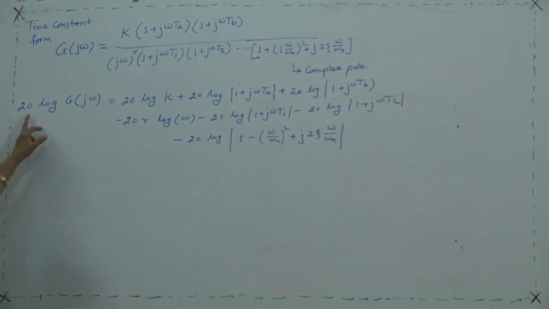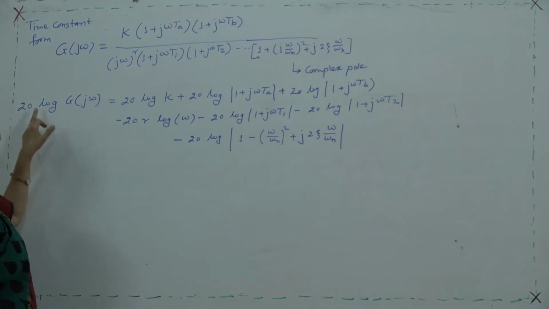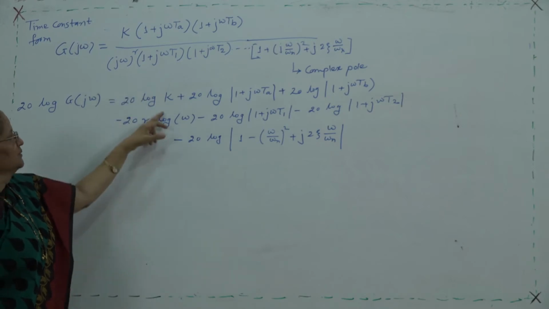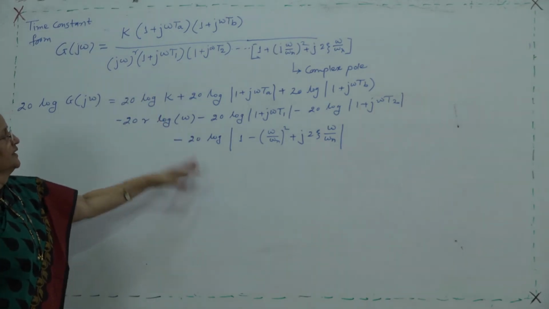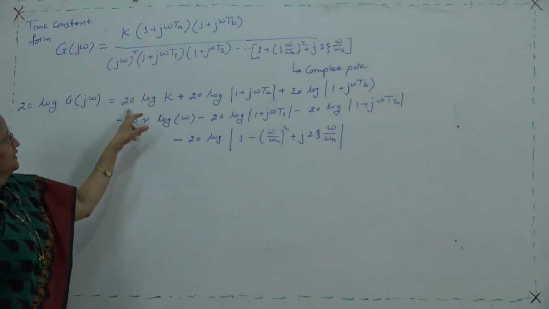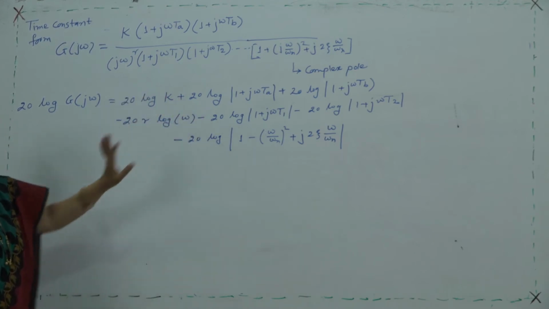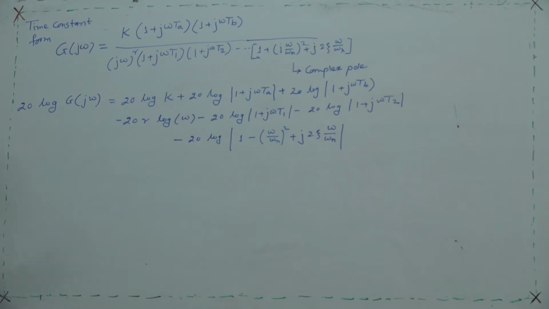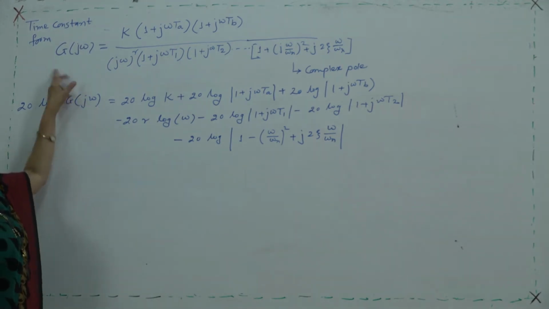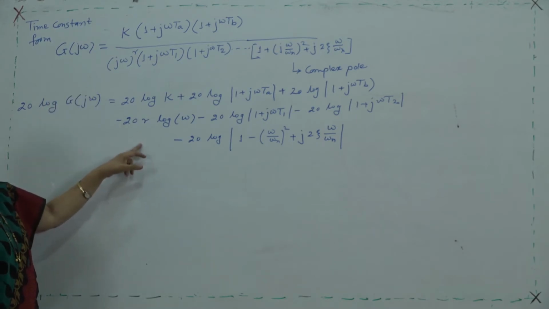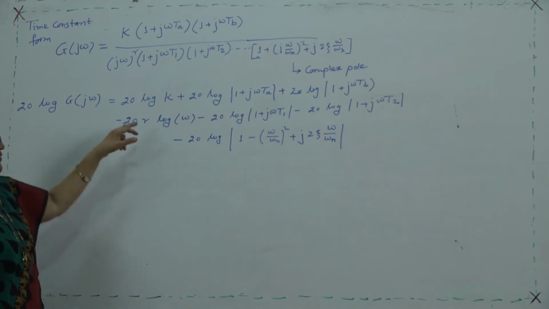See the advantage, we are taking the logarithm. As the logarithm is taken, all multiplicative terms become additive. Whatever the terms at the numerator will be additive, all the denominator terms are subtractive. And we will get here the representation of the 20 log of G j omega like this. Now, what is the advantage?